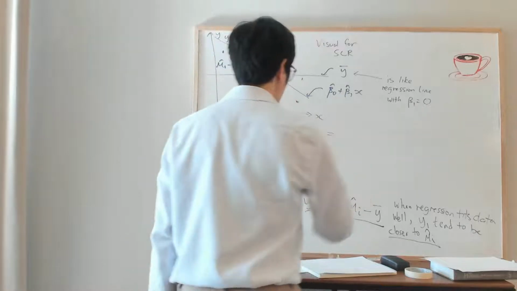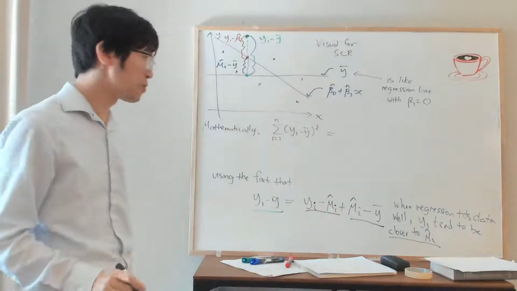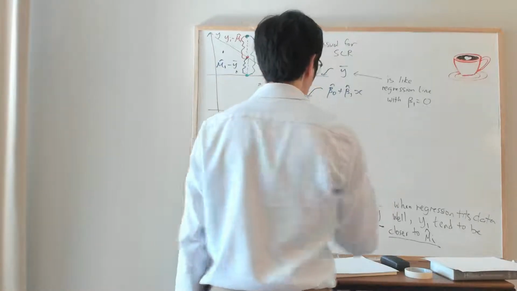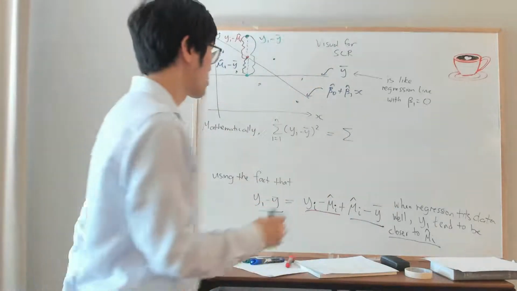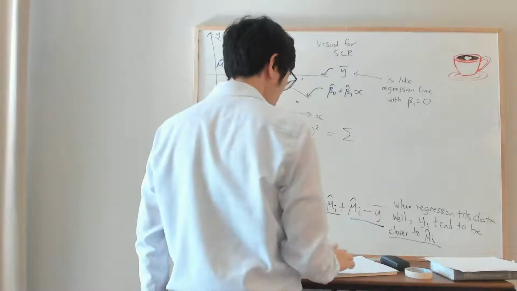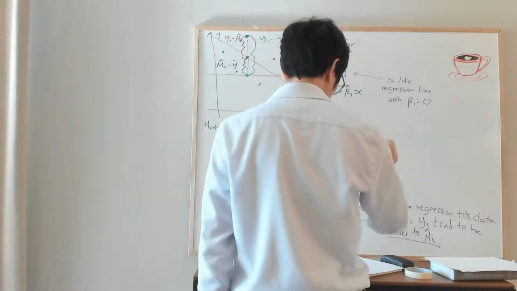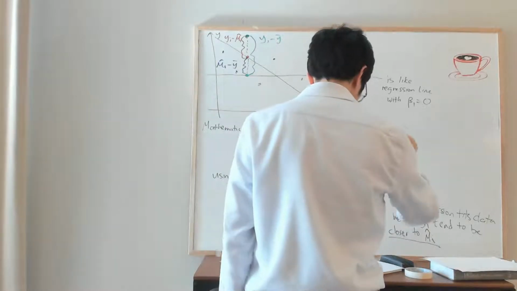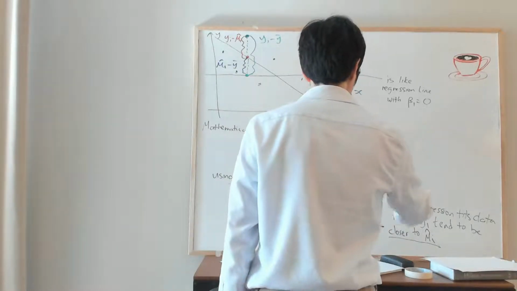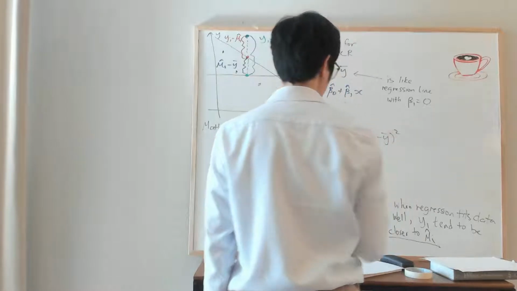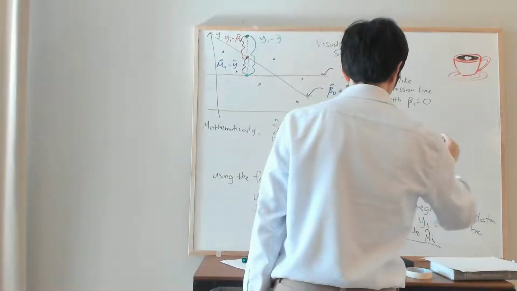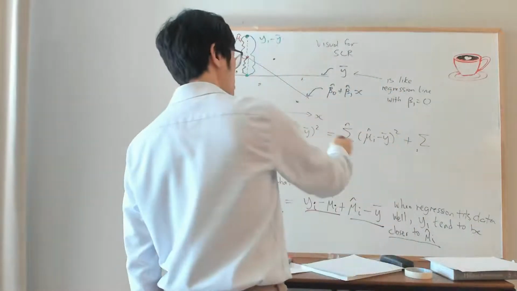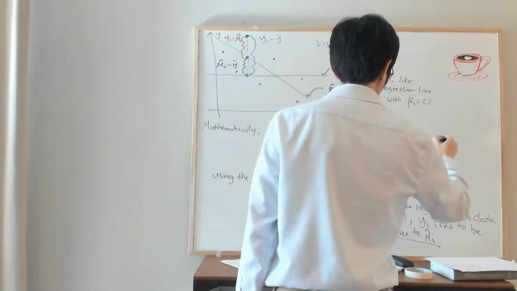This was the decomposition I asked you to show for simple linear regression on your homework. So it decomposes into these two. They're also called sums of squares because the expression is a sum of squared quantities, and they look like this. You have mu i hat minus y bar squared. So that's one sum of squares, and this part is for the regression, and then this part is for the residual.